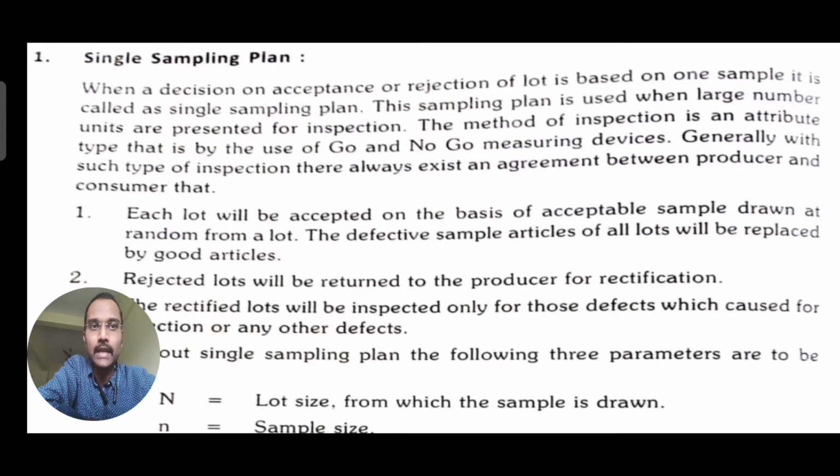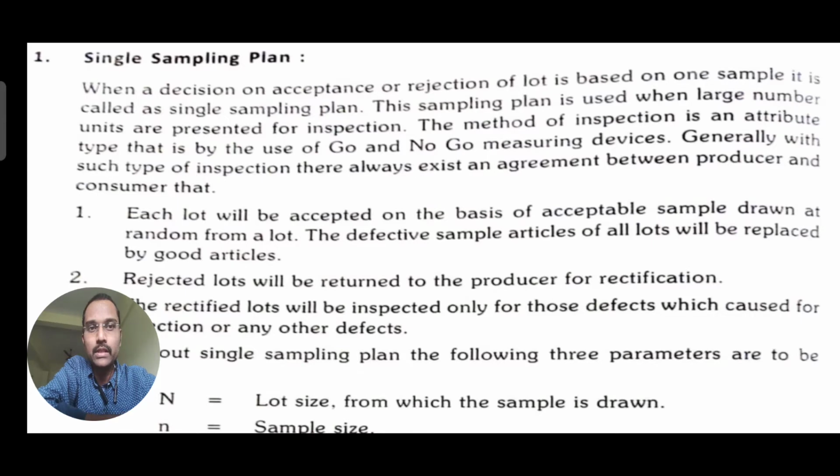In detail, this type of sampling plan is considered whenever there are a large number of units for inspection. Generally we consider this single sampling plan for attributes, as we discussed in the last classes, that is, characteristics whose dimensions are not physically measurable.